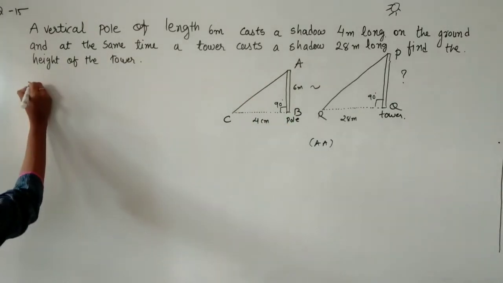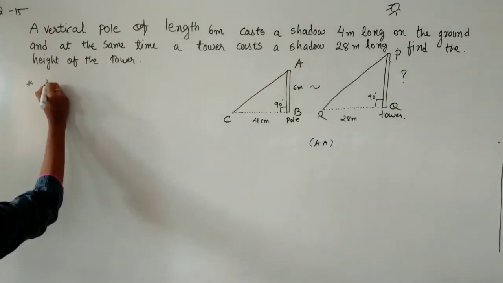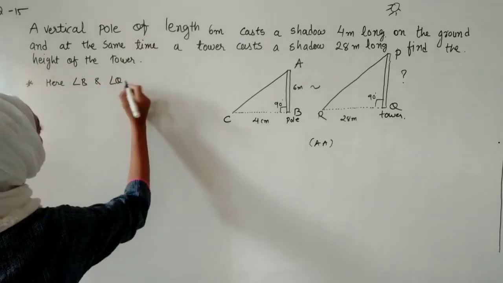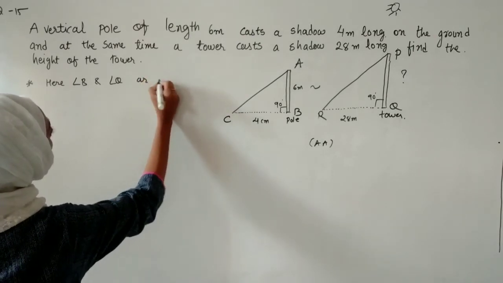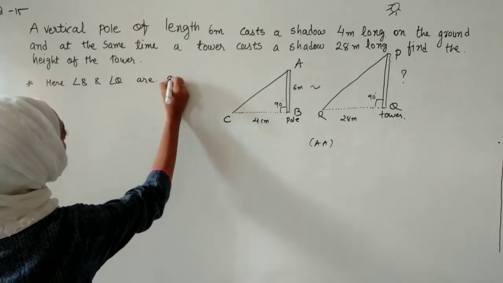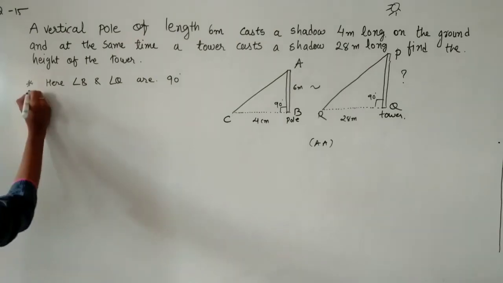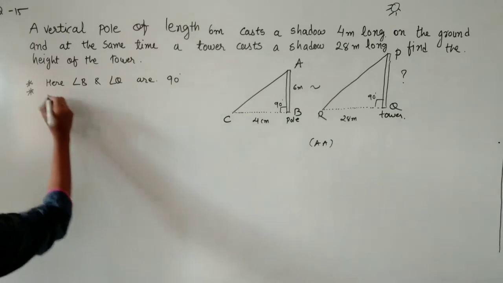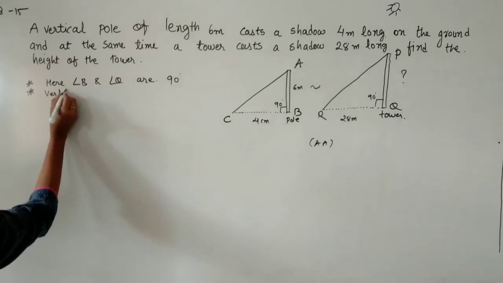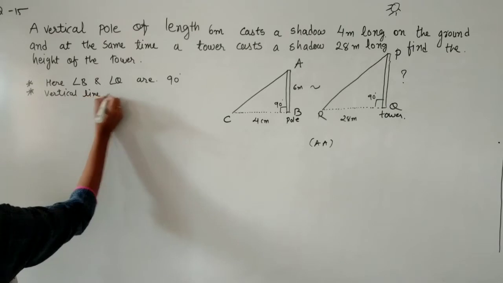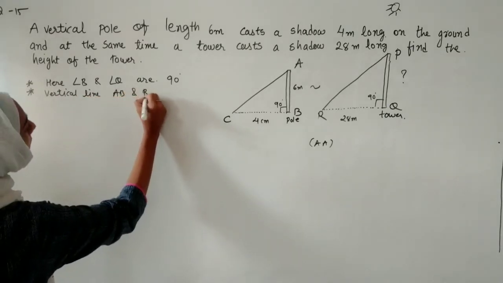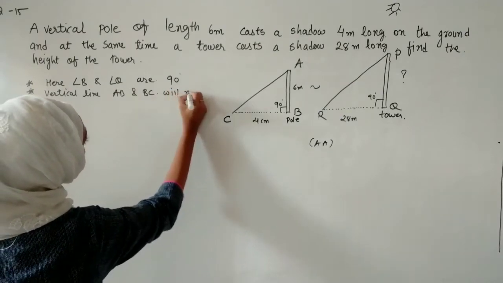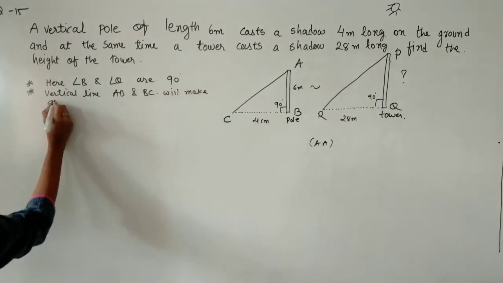So here we can mention one line, that angle B and angle Q are 90 degrees. The reason is that vertical line AB and BC will make 90 degrees over here.